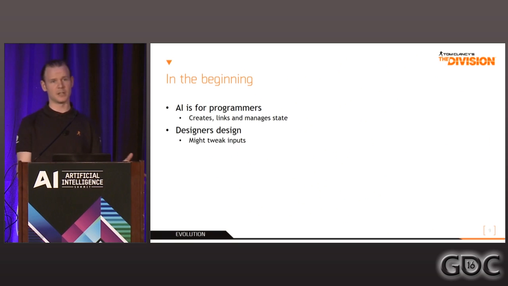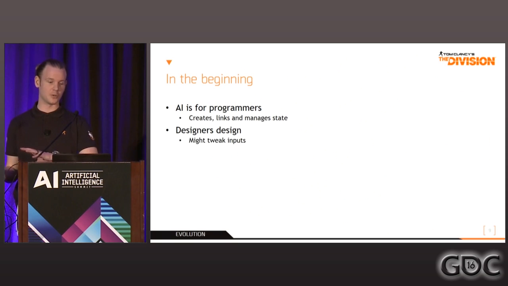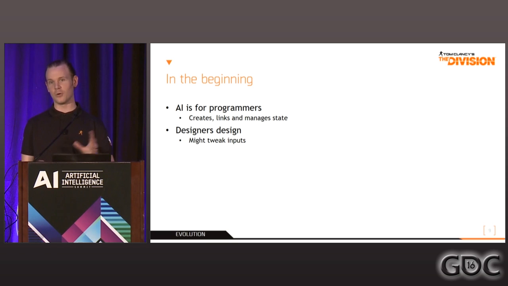So, in the beginning, AI was done completely by programmers. They would handle all the state, all the links between them, what they did, what they contained, and everything. And designers might tweak some inputs, if they're lucky.